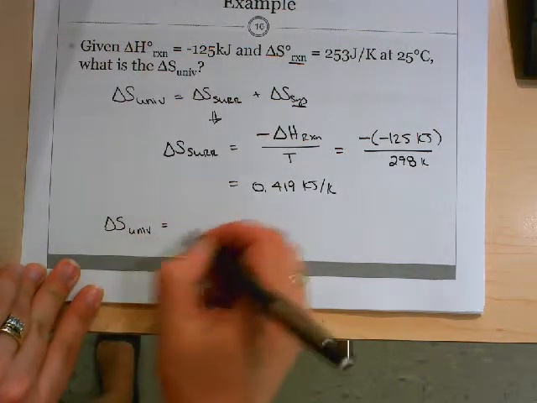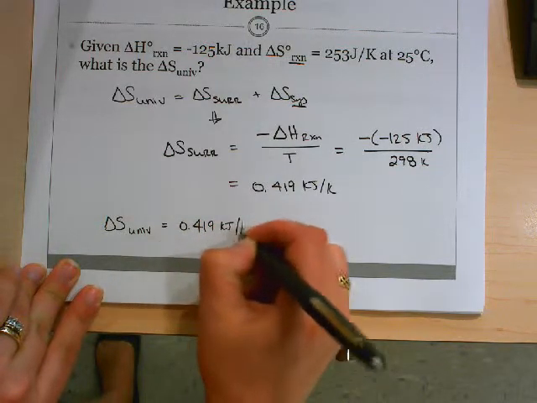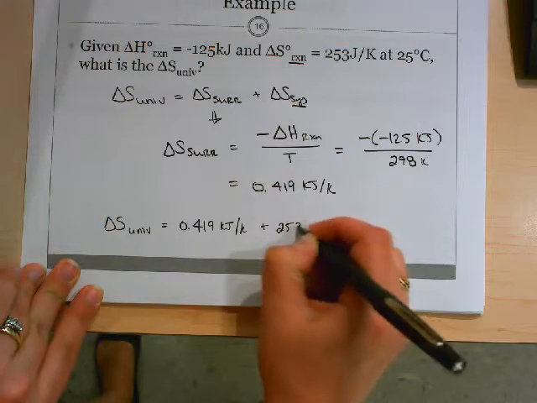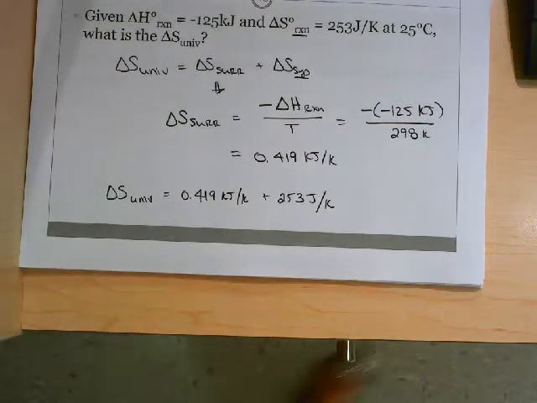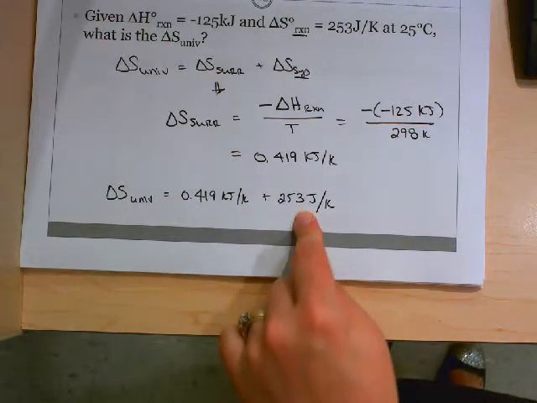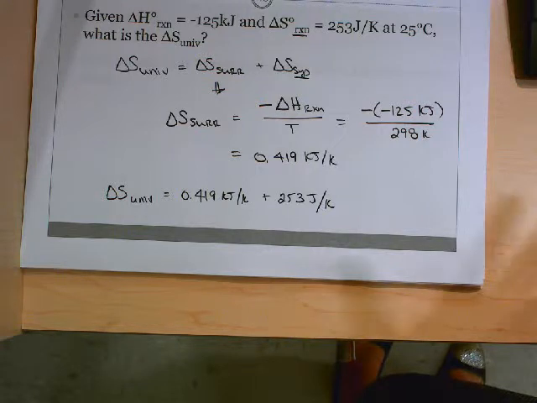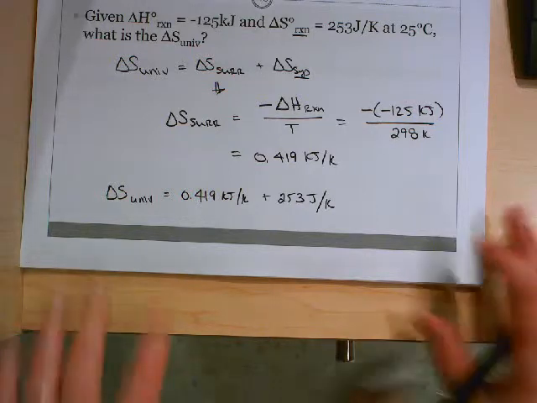What is going to be my issue when I go to add these together? Those pesky units. Right, because I have my surroundings in kilojoules, but my system's in joules. Preferences, which way you want to go with it? All kilojoules? All joules? All joules? Okay.